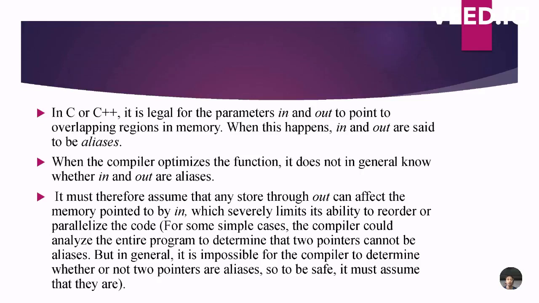In C or C++, it is legal for the parameters in and out to point to overlapping regions in memory. When this happens, in and out are said to be aliases. When the compiler optimizes the function, it does not in general know whether in and out are aliases.